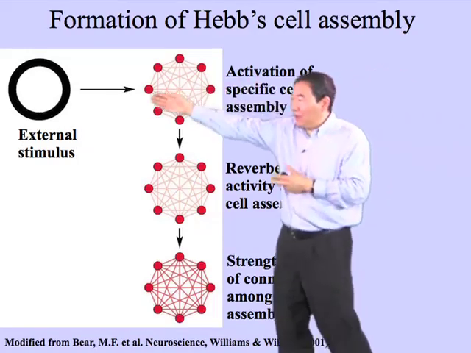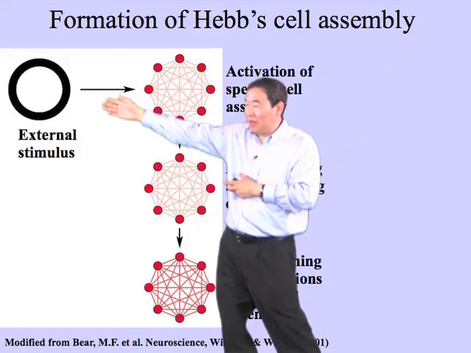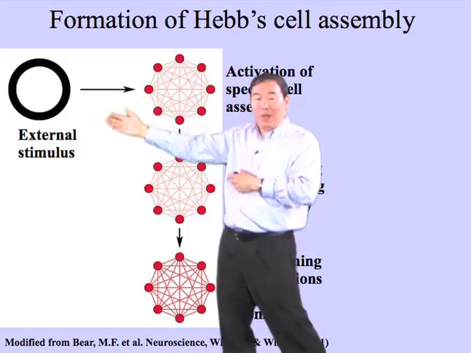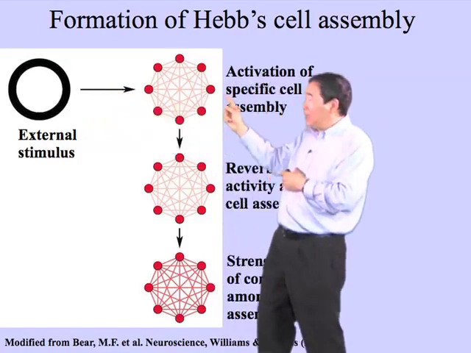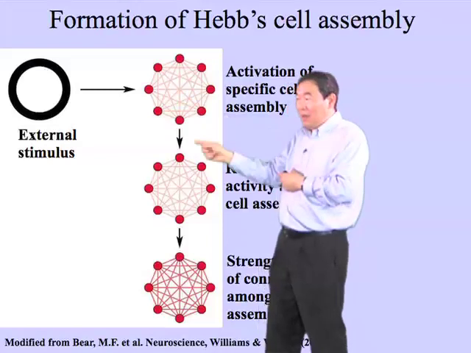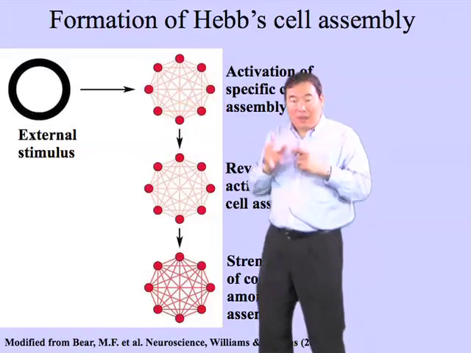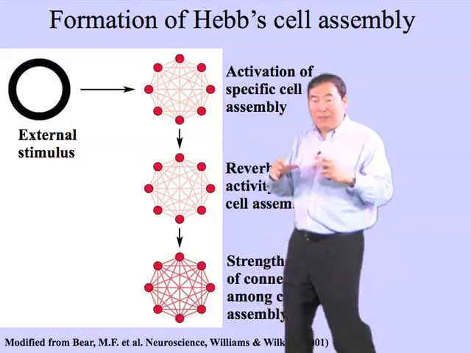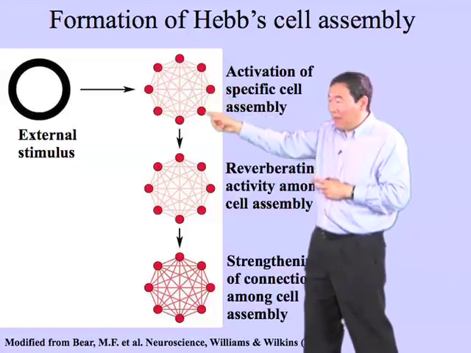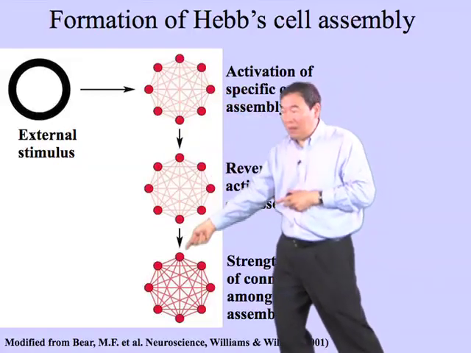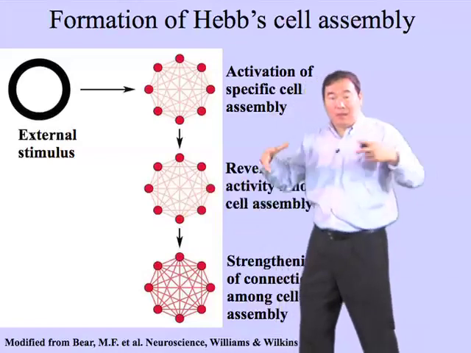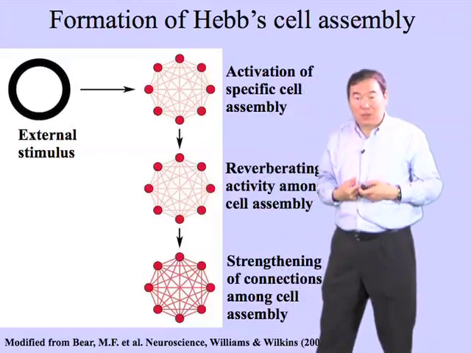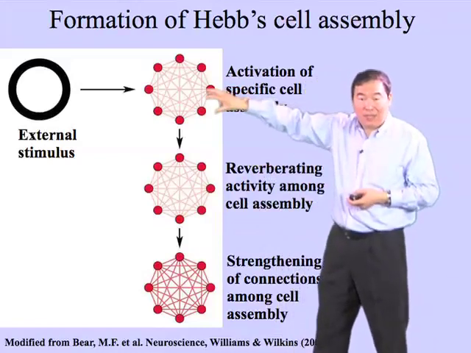Namely, the perceptual experience, say, of a ring stimulus, excites a specific group of cells in the brain, and makes their connections among them strengthened. So after the connection is strengthened, this cell assembly is established.